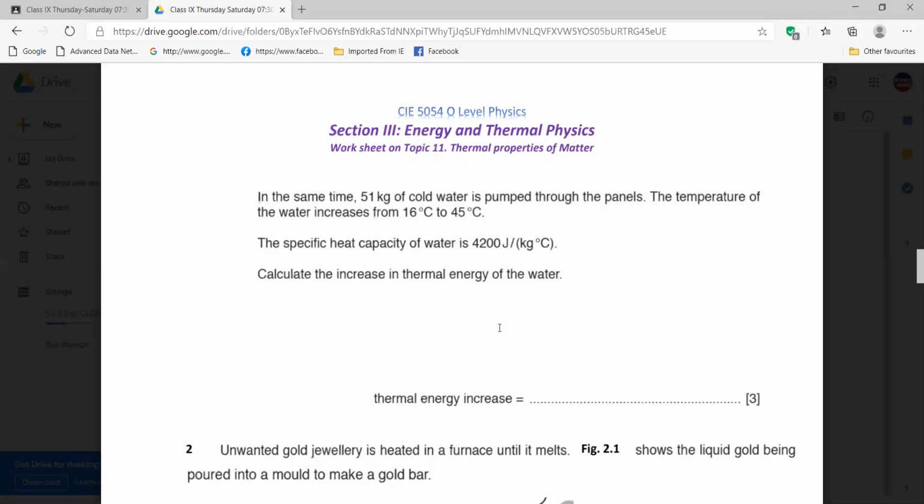51 into 4200 into 45 minus 15. Yes, 45 minus 15 will be in bracket.